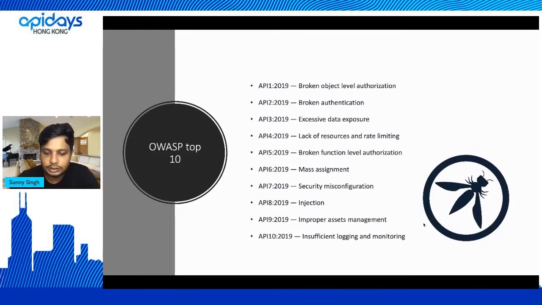Next one in this list is improper asset management. Improper asset management is one of the crucial parts when it comes to APIs, right? Though it does not make you very likely to be attacked, it helps you a lot to build a secure API environment, right? All you need to do is make a proper API document, right?